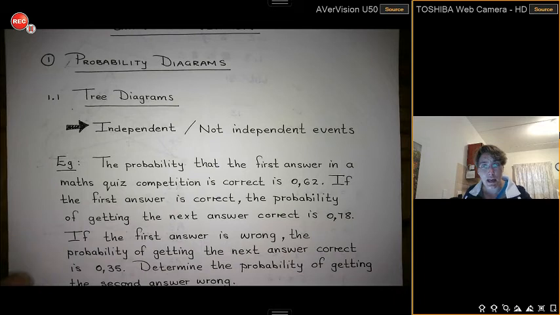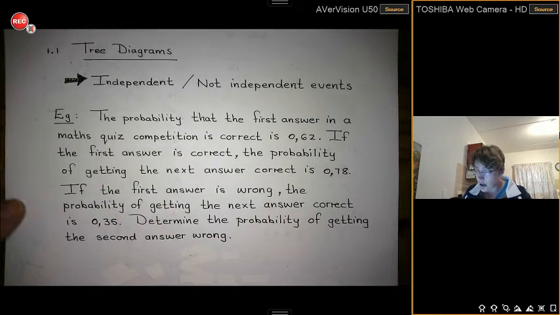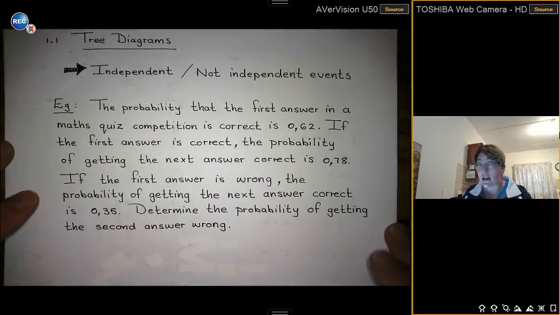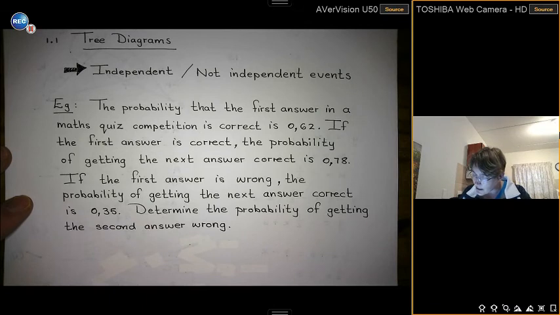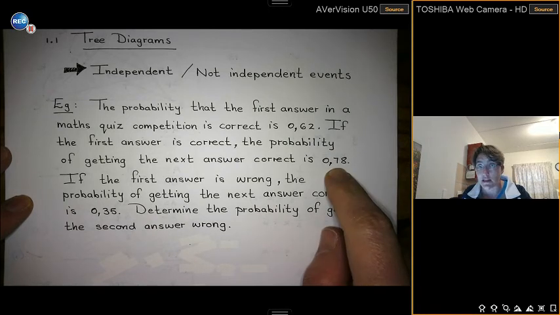Okay, so let's look at an example of the grade 11 one where the events are not necessarily independent. Now this one says the probability that the first answer in a maths quiz competition is correct is 0.62. If the first answer is correct, the probability of getting the next answer correct is 0.78.